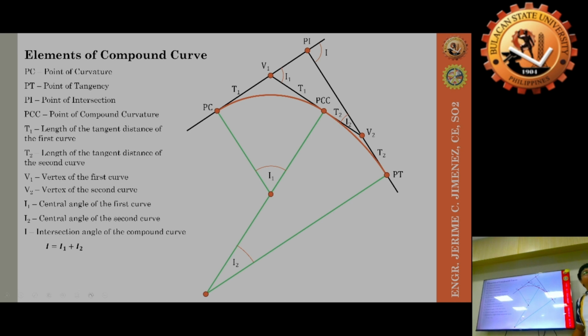So, therefore, kunin nyo muna si I sub 1, kunin nyo muna si I sub 2 para makuha nyo yung central angle ng kabuuang compound curve. So, paano pag naging tatlo yung simple curve natin? Naging tatlo yung curve. Therefore, I is equal to I sub 1 plus I sub 2 plus I sub 3. And so on. Dagdag na siya, dagdag.